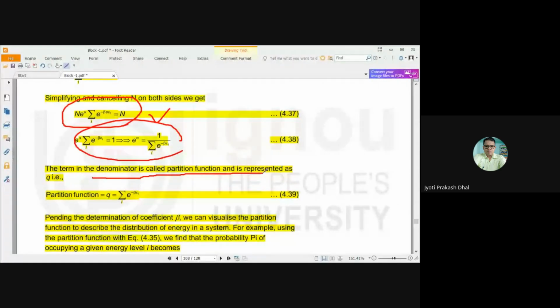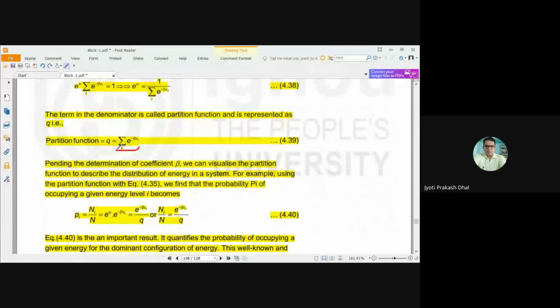The term in the denominator is called the partition function and is represented as q.